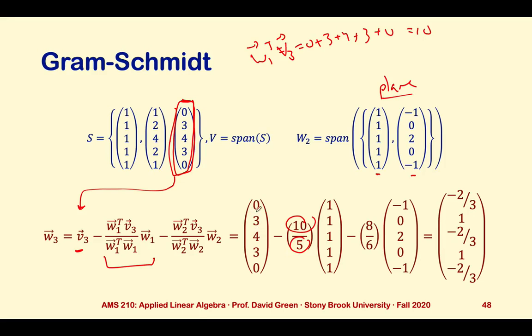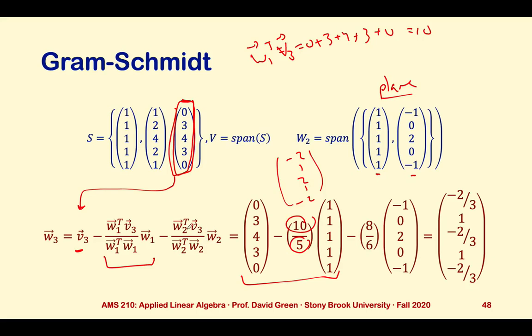So we're going to subtract 2, 2, 2, 2, 2 from 0, 3, 4, 3, 0. This piece would give us 0 minus 2 is negative 2, 3 minus 2 is 1, 4 minus 2 is 2, 3 minus 2 is 1, and 0 minus 2 is negative 1. But we still have to subtract off another piece.